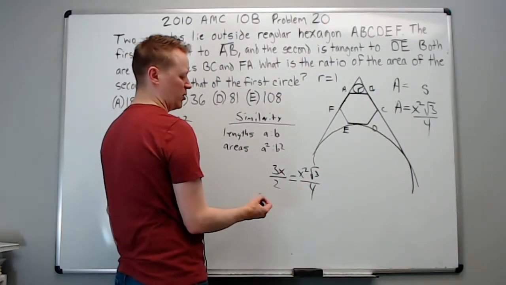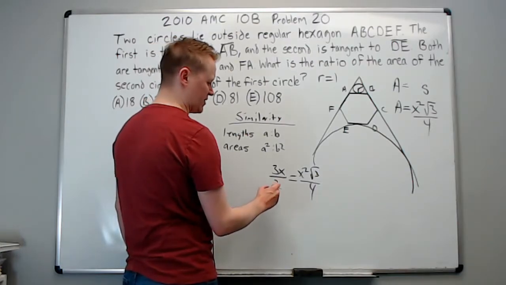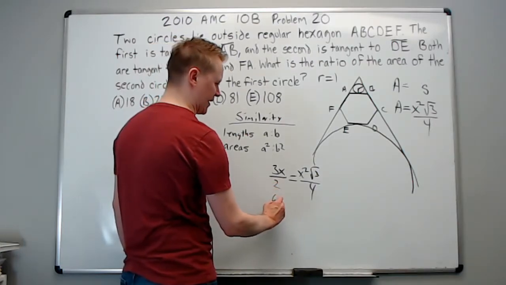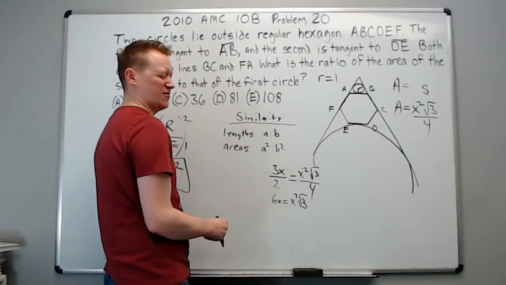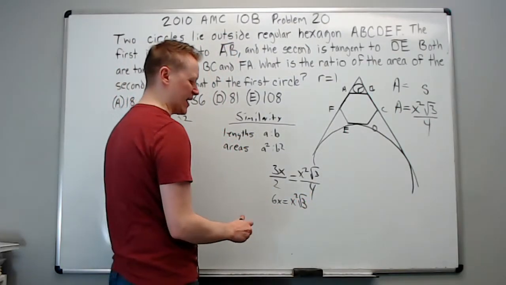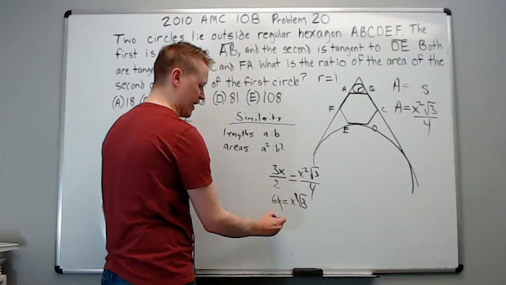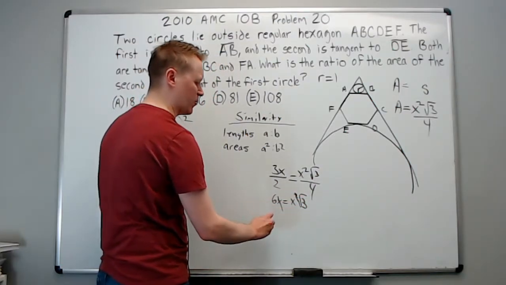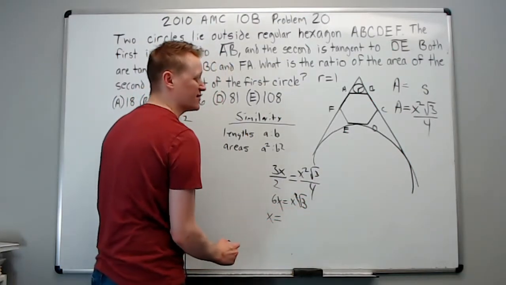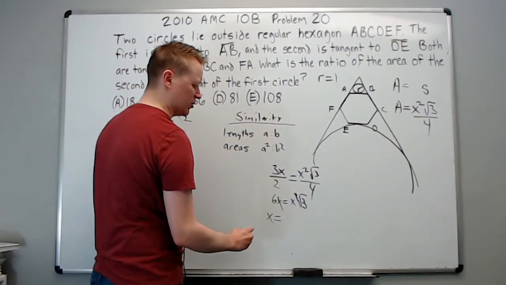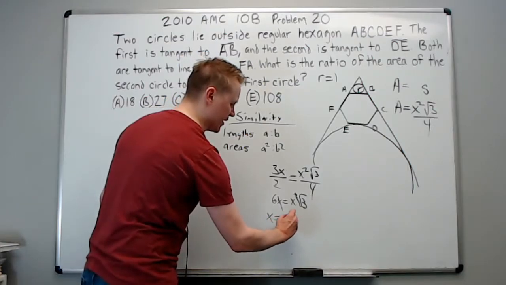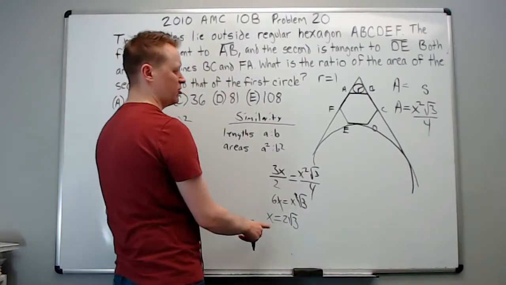Now, we can multiply by 4 on both sides. You will get 6x equals x squared root 3. You can actually divide by x because we know it's not negative, so the squared goes away and the x goes away. Divide by root 3 to get that x, the side length of the equilateral triangle, is going to be 2 root 3.